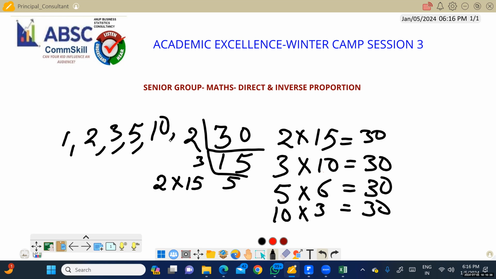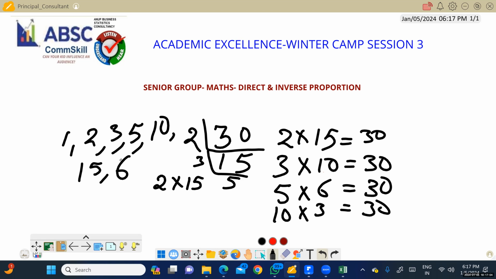Here, if you take the side 6, 10, 15. What we're trying to say is that all these numbers can actually divide 30.